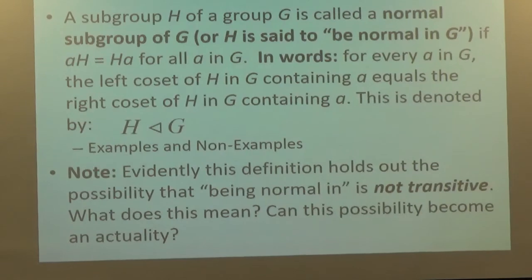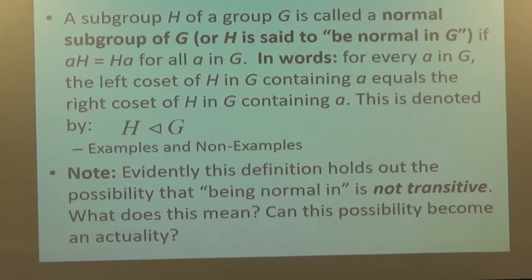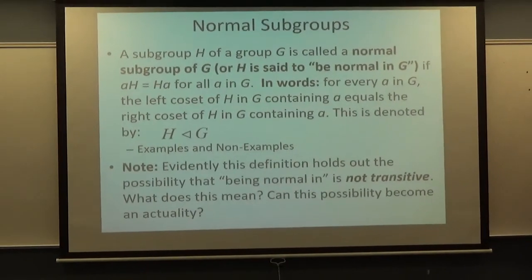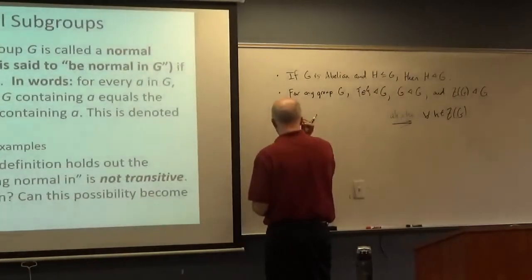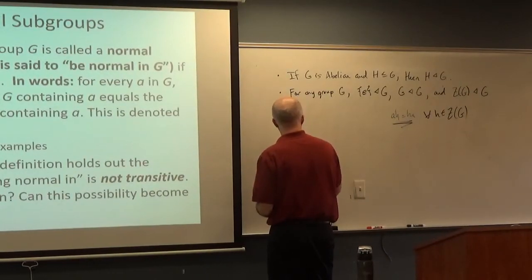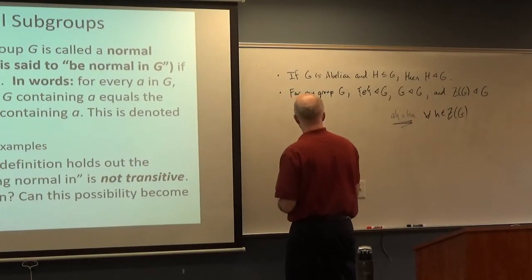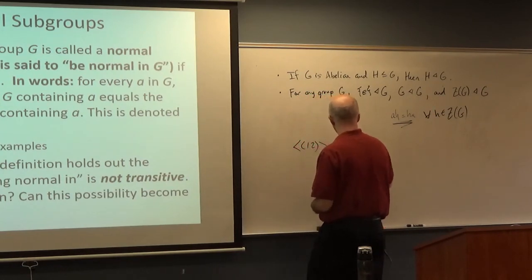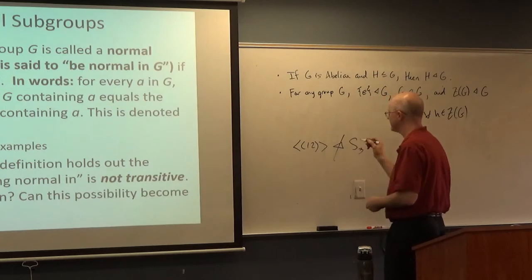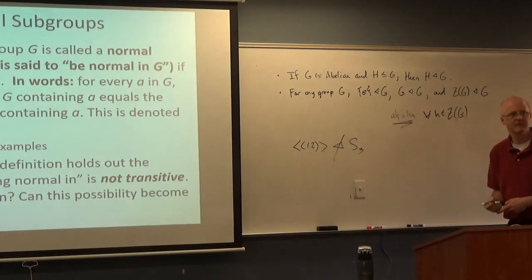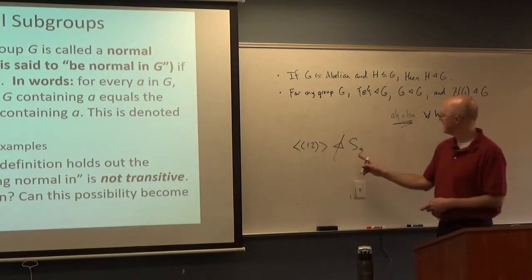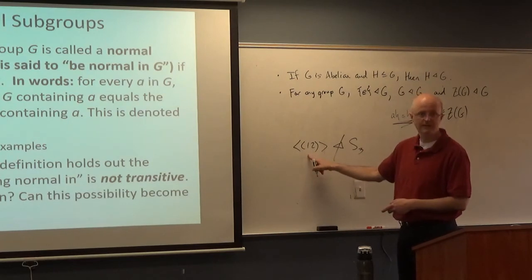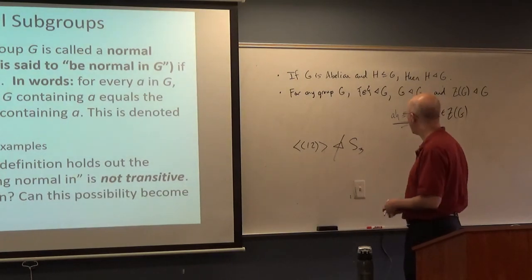What's a non-example? What's something that's not a normal subgroup? The simplest example I can think of is, say, in S3, the cyclic subgroup generated by, for example, the two-cycle (1 2) is not normal in S3. This has 6 elements, that has 2 elements. Why?